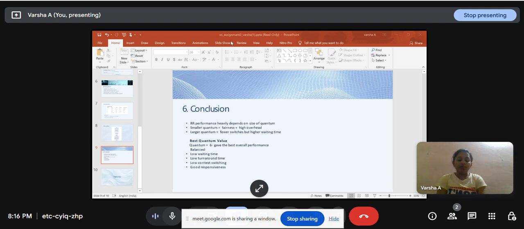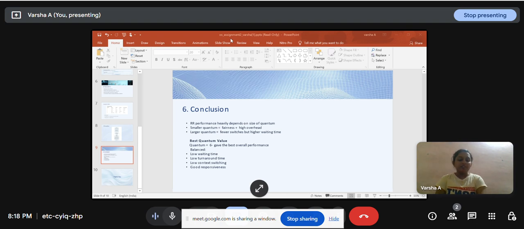The best overall performance was obtained with quantum 6 because it gives low waiting time, low turnaround time, fewer context switches, and good system responsiveness. So this makes quantum 6 the most balanced choice in our test case.